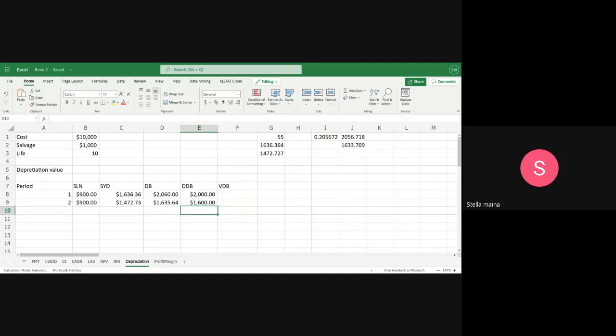So what is really happening with the DDB? It takes the useful life, that is the 10 years, so it first does 1/10 to get 0.1. Since this function is called double declining balance, we double this rate, so the factor is equal to 2. So the depreciation for the first period will be 10,000 multiplied by 0.2.